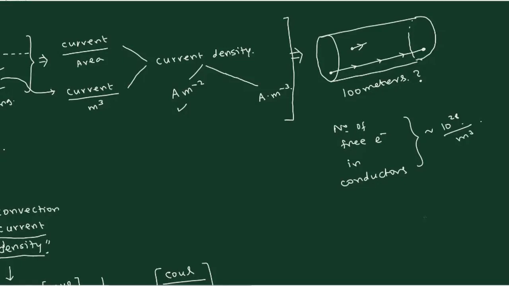It may be a little lower also, but typically for a very good conductor, 10 to the power of 28 electrons will be there per meter cube, which means that when this particular electron starts moving, it cannot move freely because so many electrons are surrounding it. And therefore, it will go and hit one of them.